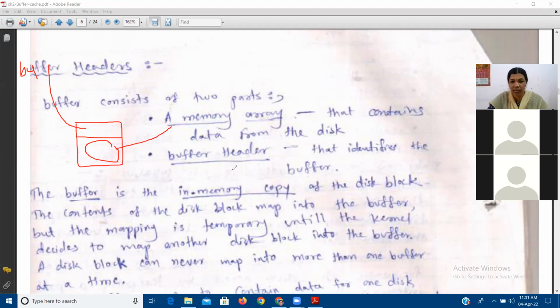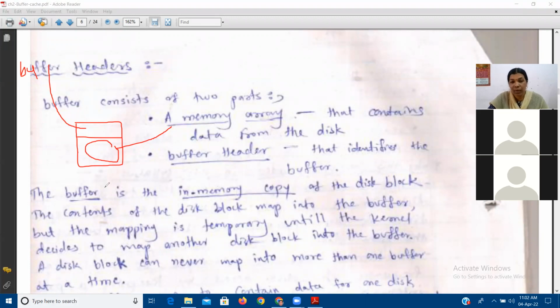It will be present when the system is on, and it will not be present when the system is off. If the system is shut down, there will be no buffer, and when the system is booted, only then will the concept of buffer be there. So buffers are initialized at the time of booting.